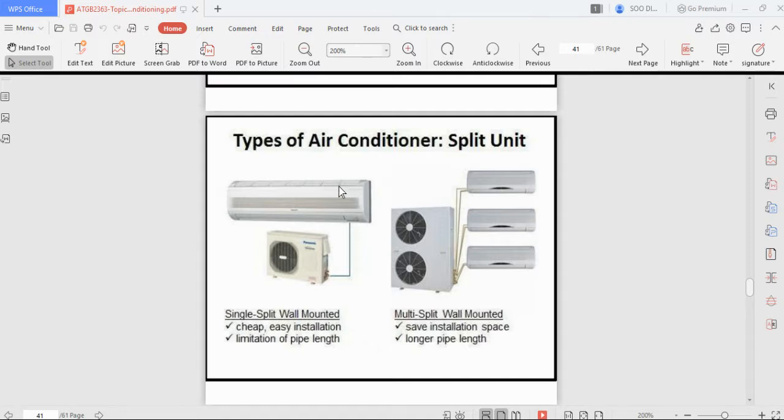You have an indoor unit, this is your aircon, and it will be connected through a pipe to an outdoor unit. All the heat will be expelled here. Or they can have multiple units, but essentially it's still the same. Each outdoor and each indoor is connected to the same place.